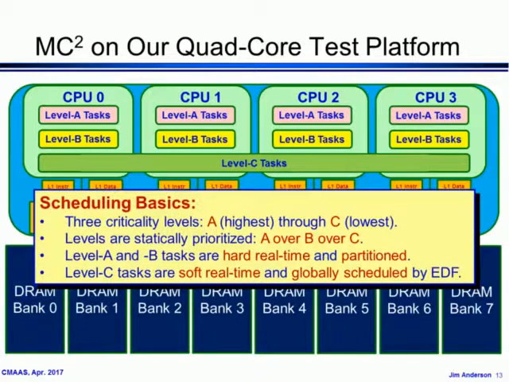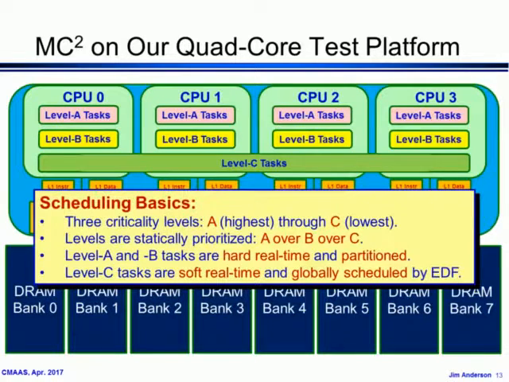The scheduling basics here, if you're a hardcore real-time schedulability and scheduling aficionado, they're pretty basic. We prioritize higher criticality levels over lower ones. We schedule the level A and B tasks, so A is the highest level, by partitioning. Level A is scheduled by a static table-oriented approach, a cyclic executive.